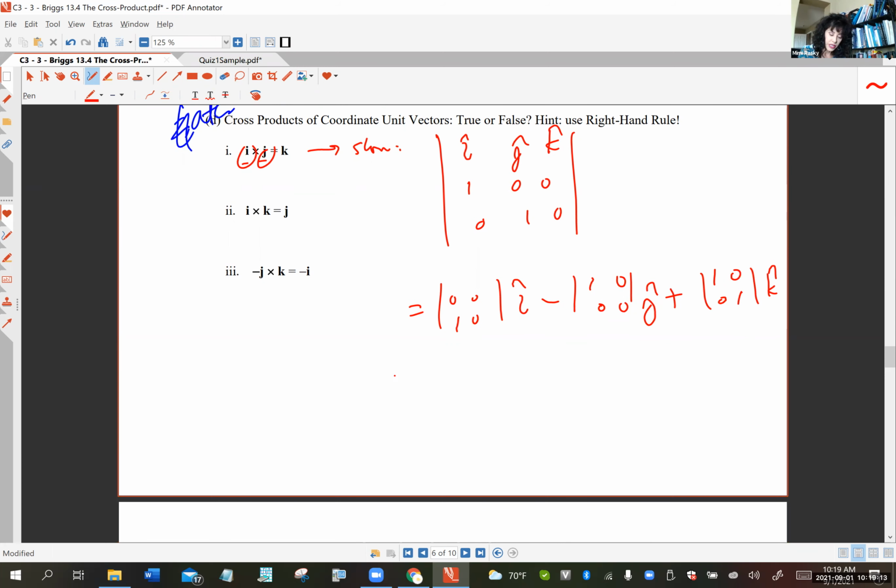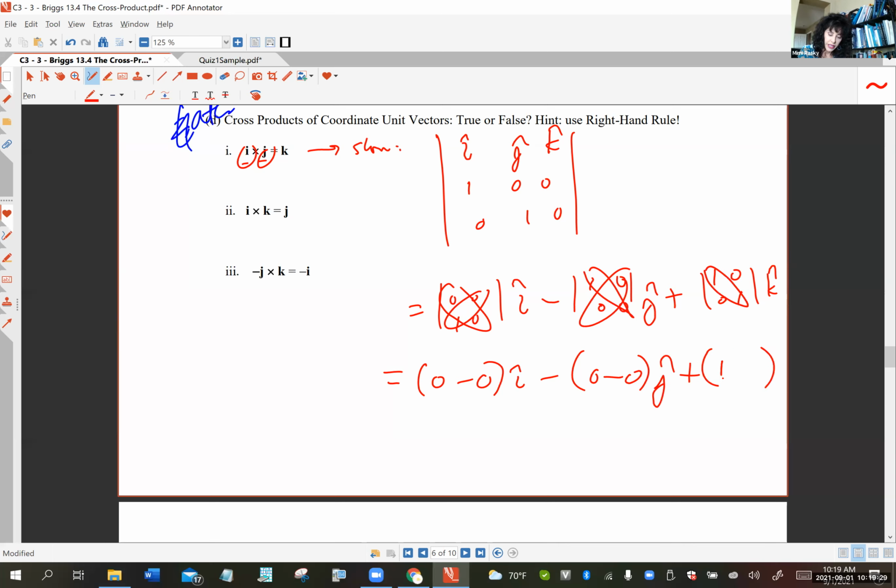Now, when you do the 2 by 2 determinants, remember major diagonal product, here we have 0 minus the minor diagonal. Oh, but that's 0 also. Okay, great. Minus major diagonal minus the minor diagonal. Oh, we got 0 again. Are they all 0? No. Here we have 1 minus 0. Okay, great. And then if I write this in component form, I have 0, 0, 1.